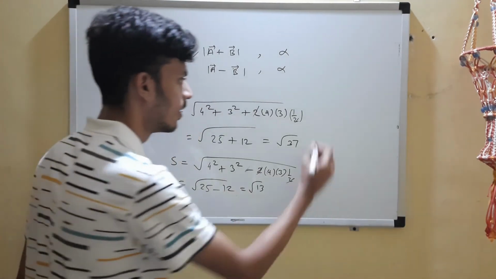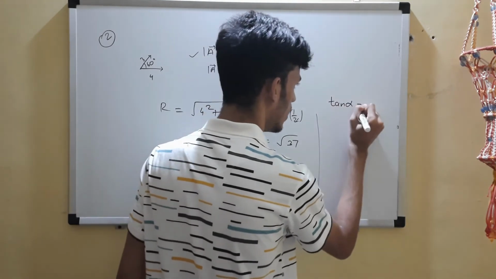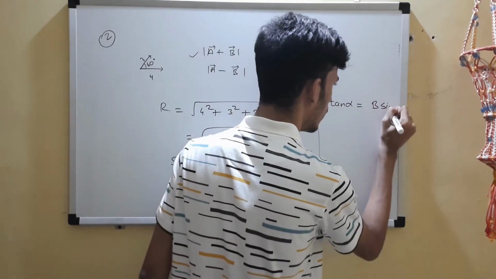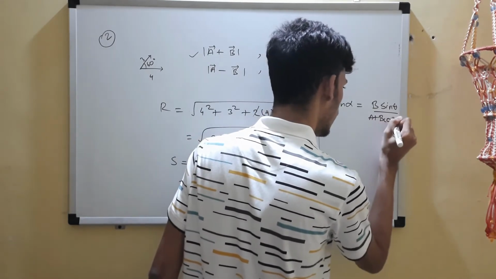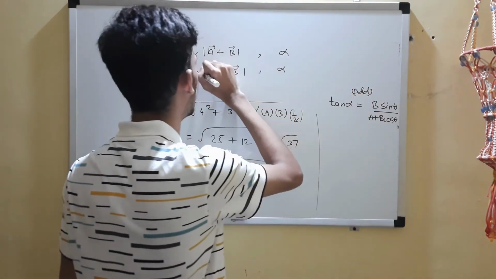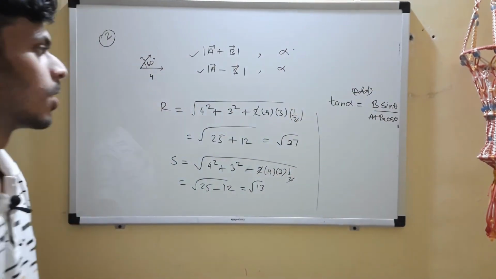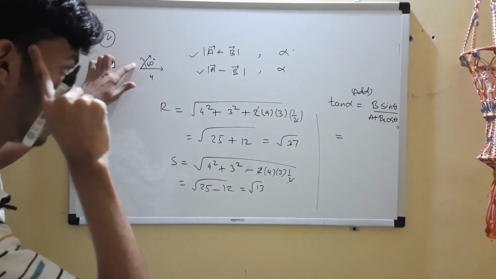Okay, as I said. Now coming to alpha, in the first case, what was it? B sine theta upon a plus b cos theta, right? This is the addition case, first case. We found this. Now we are going for this. So b, what is b? B is this. Now the order is specific.